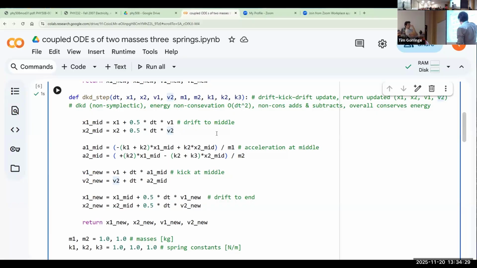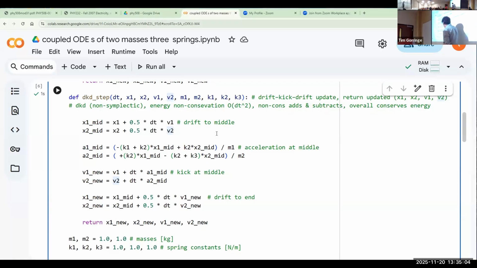And when I get to the middle of the tick, I calculate the acceleration at the middle of the tick. Those are these formulas here. They're exactly the same formulas as the Euler method, but now using this new position at the middle of the tick. At the middle of the tick, I then use these to change the velocity. Then I drift the remaining half of the tick width to the end of the tick.